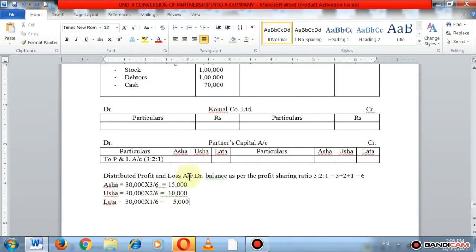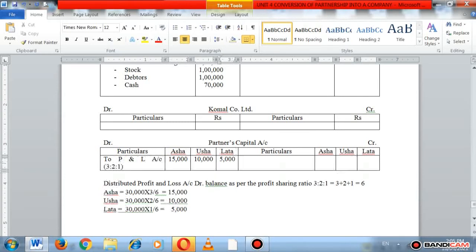Okay, got it. So here we transfer the last year's profit to the partners. So Asha's rupees 15,000, Usha's rupees 10,000, and Lata's rupees 5,000. Got it?